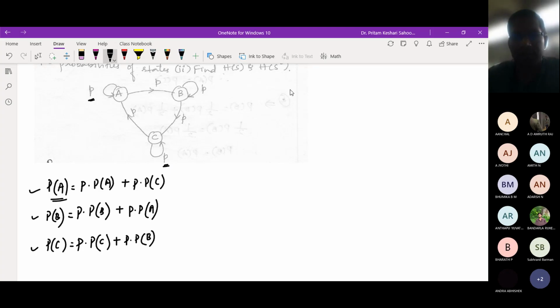And we know if we add the probability of all three states, the sum of all probabilities will be equal to 1.